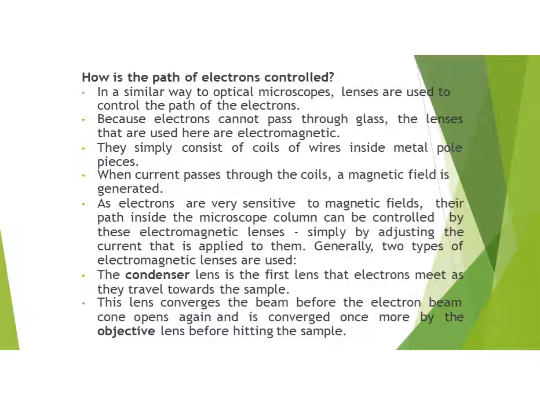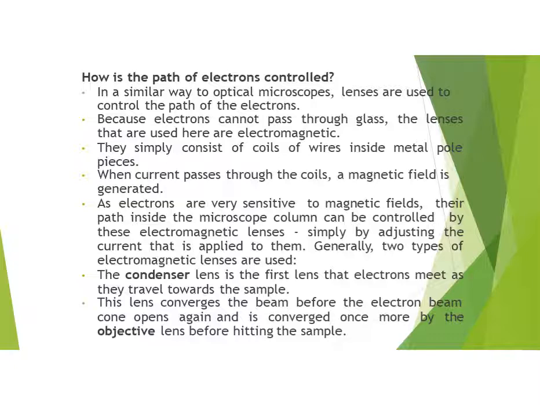Here the question arises that how is the path of electrons controlled, because electron beam can converge or diverge. So in a similar way to optical microscopes, lenses are used to control the path of electrons. Because electrons cannot pass through glass, the lenses that are used here are electromagnetic.